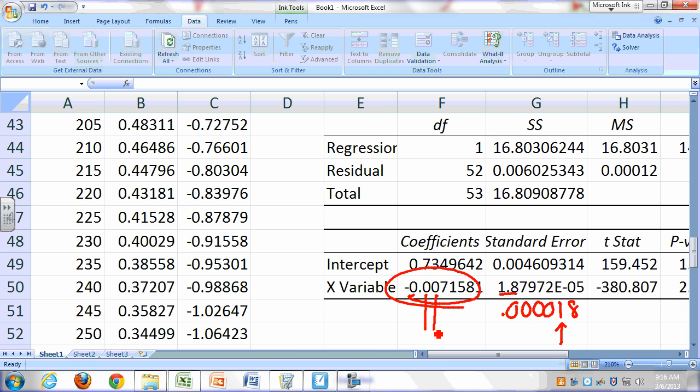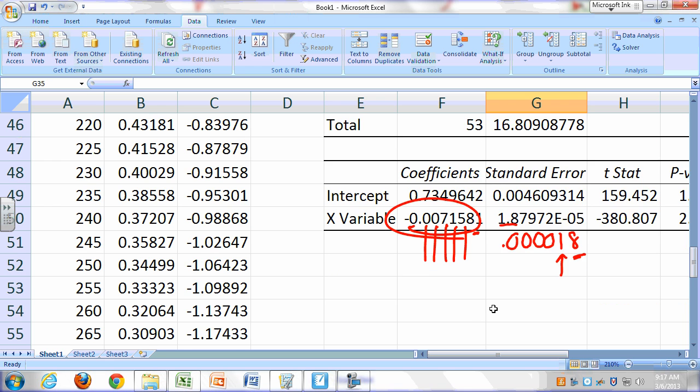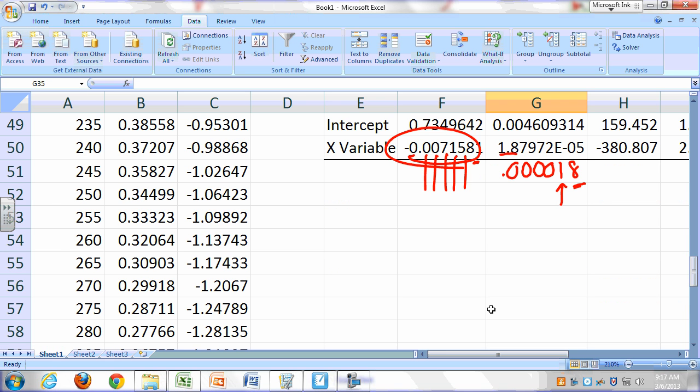So 1, 2, 3, 4, 5 decimal places. It's okay to keep an extra digit, because if we're going to be using it for some other calculation, let's just keep an extra digit there. So how should I report this?